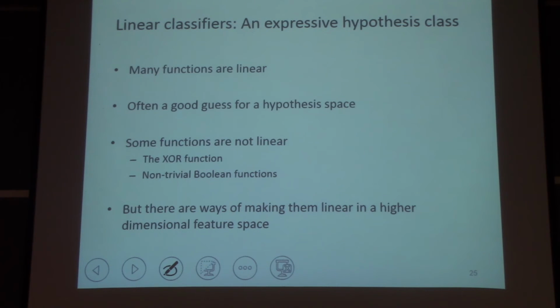I do want you to remember that not all functions are linearly separable, and sometimes you have to do this feature transformation because your space just does not have the capacity to support the labels.